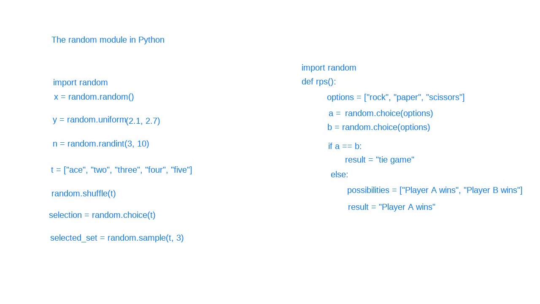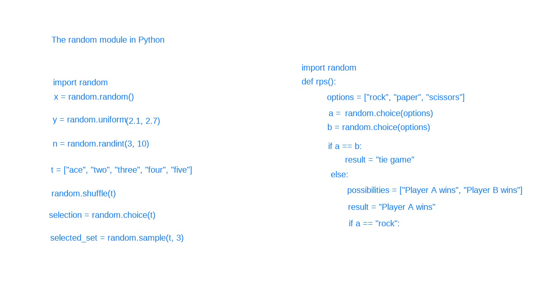If player A has chosen rock, then what's going to happen? Well, since we're in the else situation, we know that player B did not choose rock.